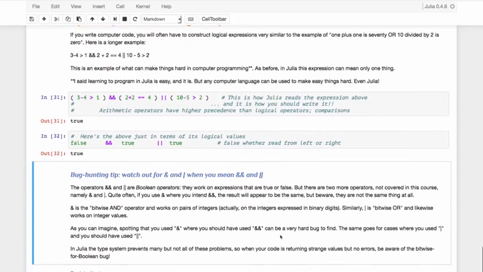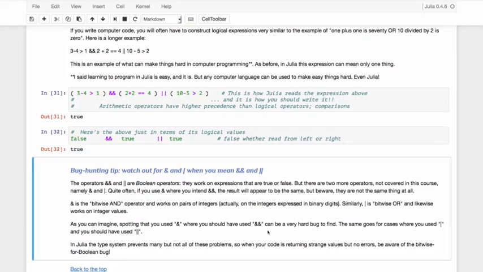This can be a hard bug if you have used a single ampersand when you should have used a double ampersand. Then you may find it very difficult to spot that this is a mistake you've made. And it's unfortunately part of computer programming that you really have to learn to get the skill and the patience to find errors like that.